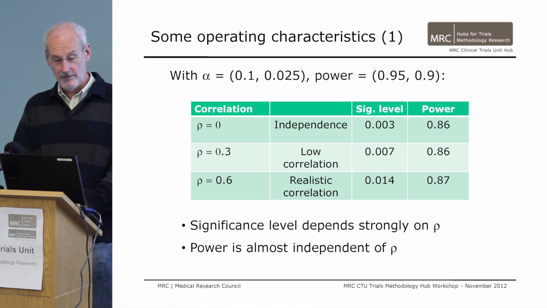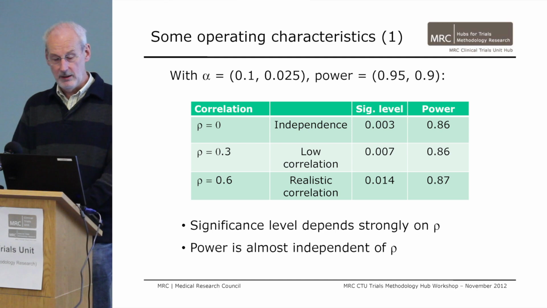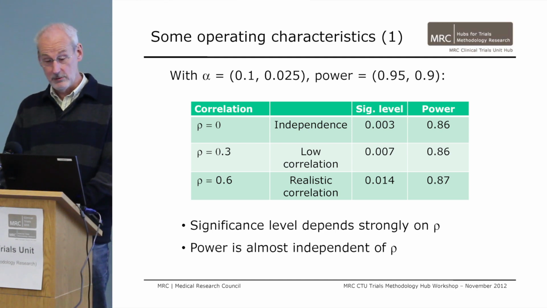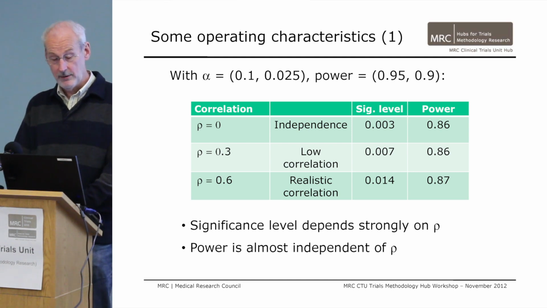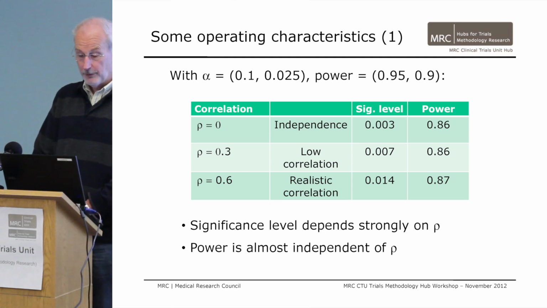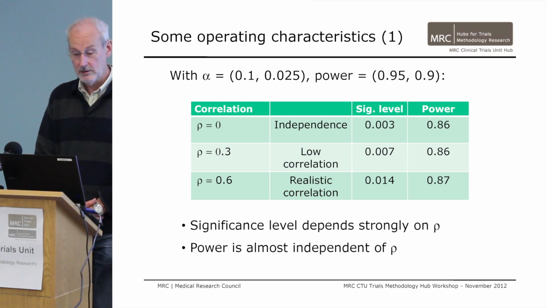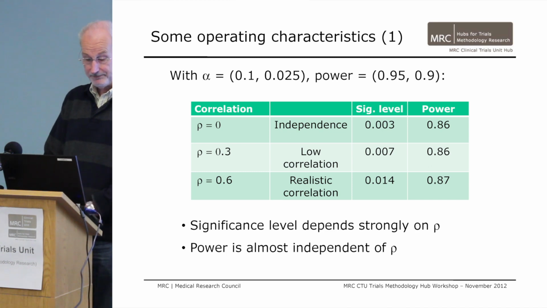Well, here's 3 different values of the correlation. I wouldn't want to work too much with a correlation of 0, but let's see what happens if we do that. And then a low correlation of 0.3 between the 2 treatment effects, and a higher correlation, typical number, 0.6. So what we see there is that the overall one-sided significance level is about 0.003 when there's no correlation, and goes up to 0.014 when there is a moderate correlation.